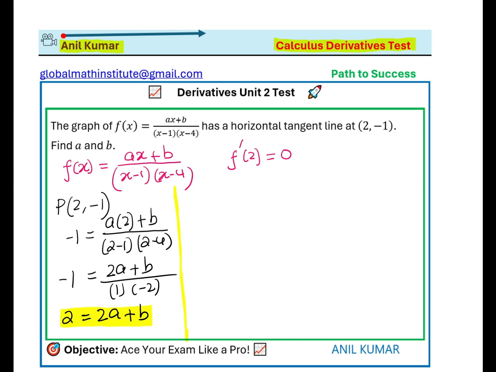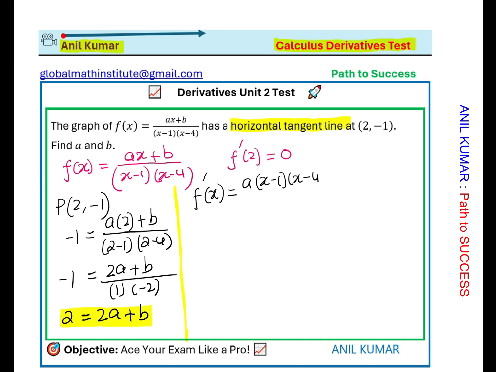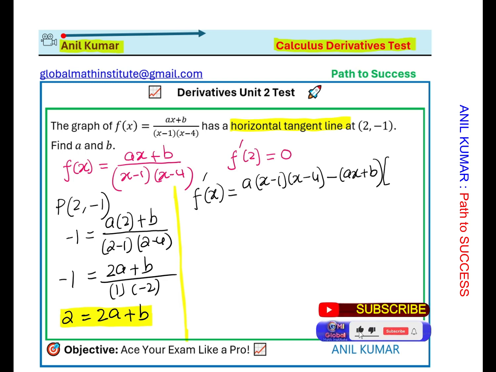Now we have the second condition, which is a horizontal tangent at this point. So let's find the derivative of this function. f prime of x will be equal to, using the quotient rule, a times x minus 1 times x minus 4, minus ax plus b times the derivative of the denominator, where we'll use the product rule.